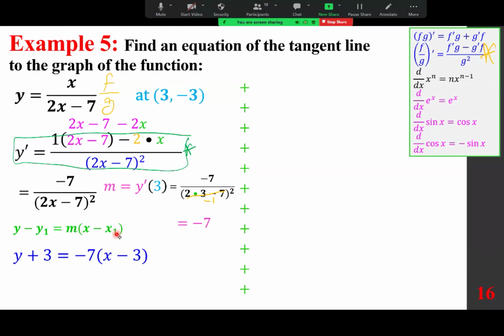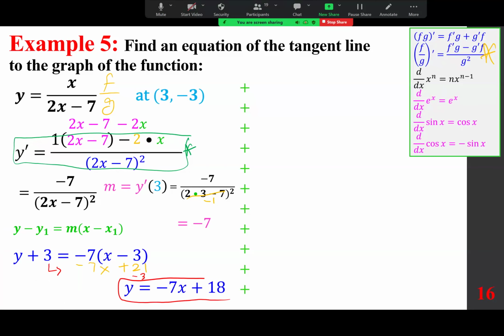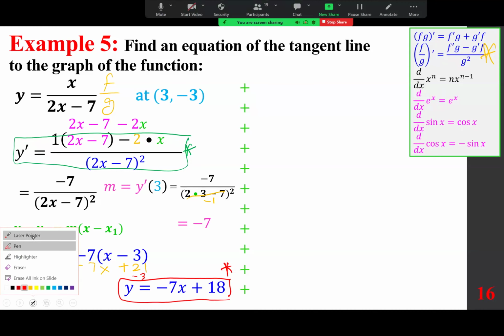And you distribute on the right side to get minus 7x plus 21. You move the 3, make it negative 3. They add up to y equals minus 7x plus 18.